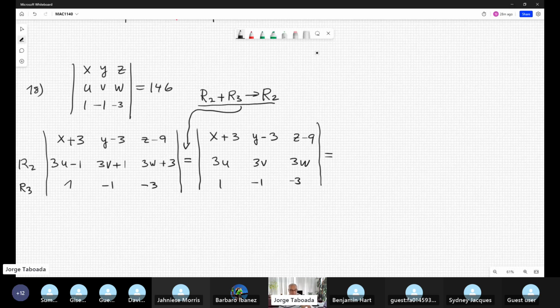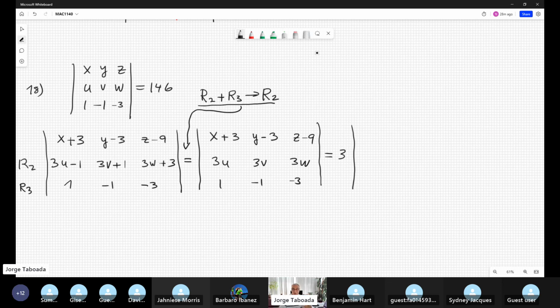Wow, look at that. I like that. I see in the second row, we have common factor 3. I factor it out. Why not? It's another property. The property says when you multiply any row or any column of a determinant by one specific factor, in this case 3, the value of the determinant is also multiplied by the same factor.